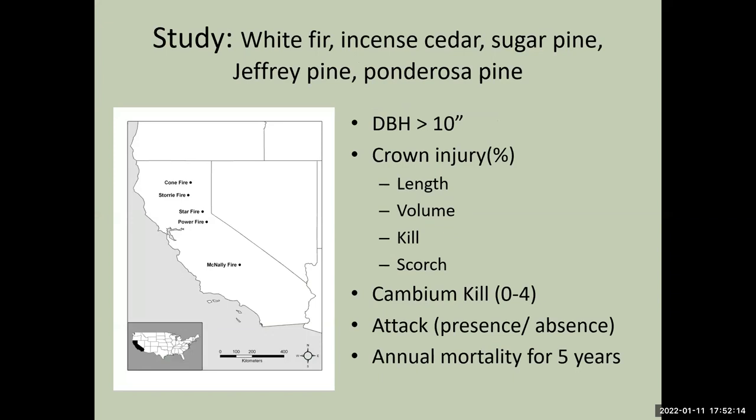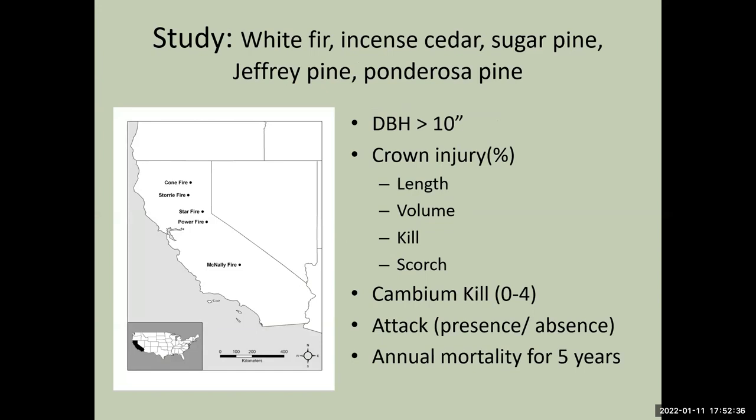So we had white fir in our samples, incense cedar, sugar pine, Jeffrey pine, and ponderosa pine. We only looked at trees greater than 10 inches in diameter. We looked at crown length and volume. We looked at kill versus scorch for the ponderosas and the Jeffrey pines. So the scorch is where the buds survived, and kill is where buds and needles are both dead.